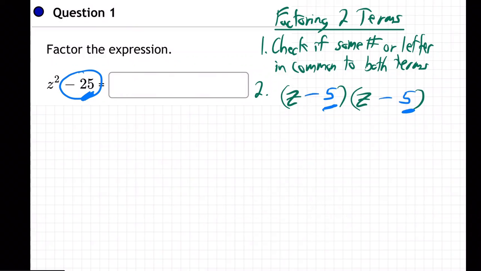Would that work? What would be negative 5 times negative 5? That would be plus 25. That's not right. So what signs do we have to have on the 5s so they'll multiply to be negative 25?